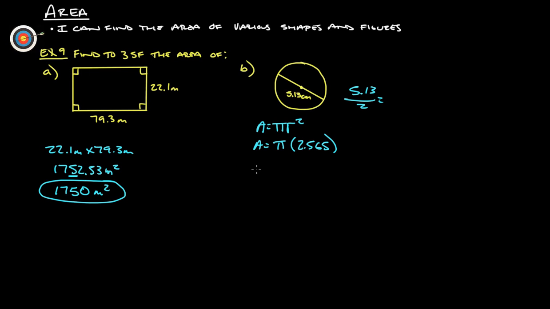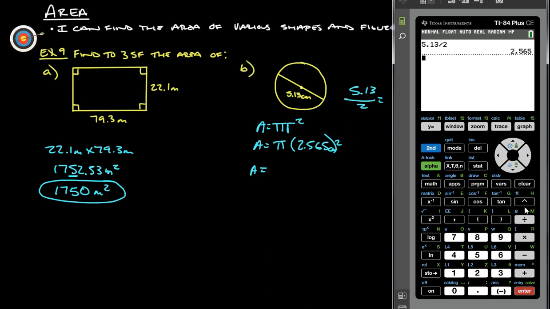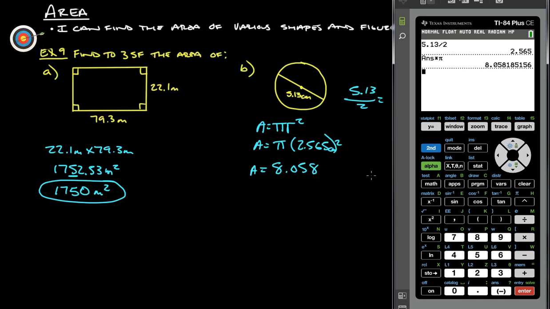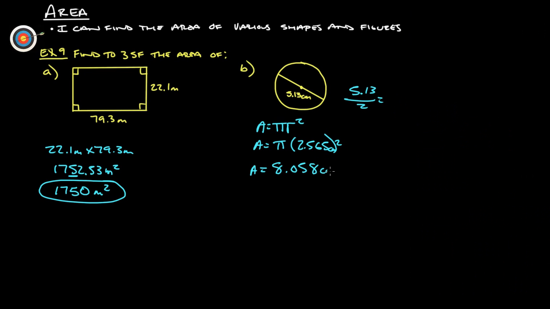So our area is simply going to be 2.565, and that's officially centimeters squared, times pi. So we already have the 2.565 in there, so we just need to multiply by pi, and we get 8.058 centimeters squared.